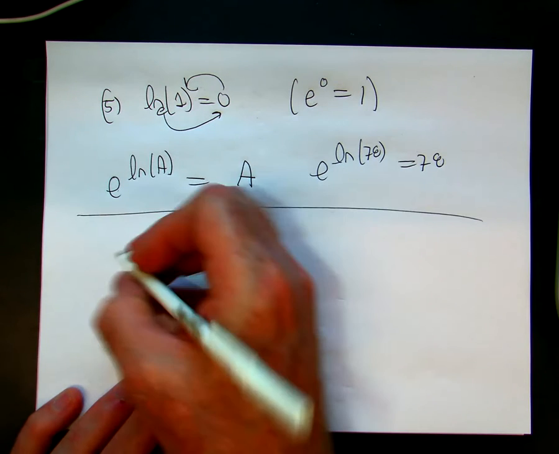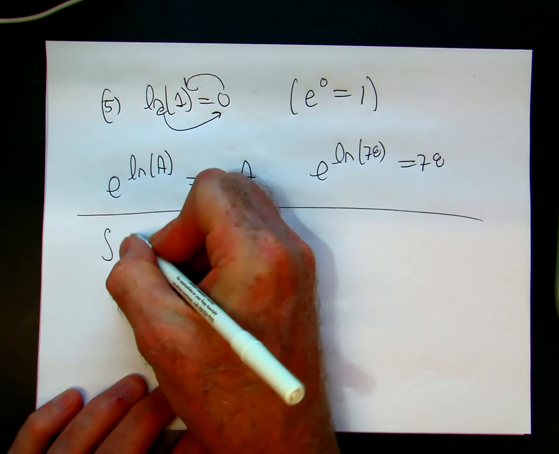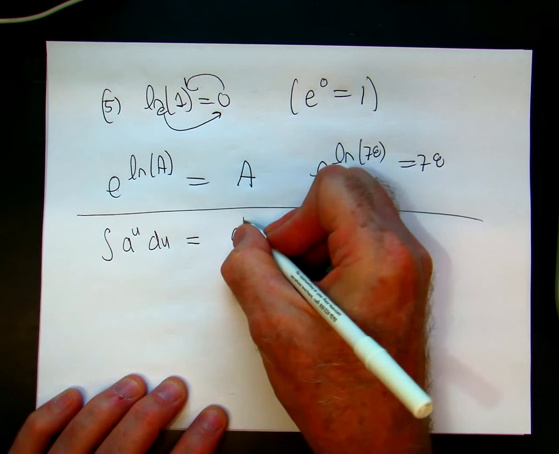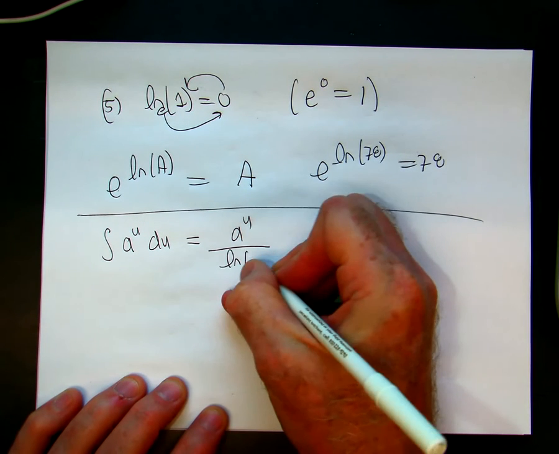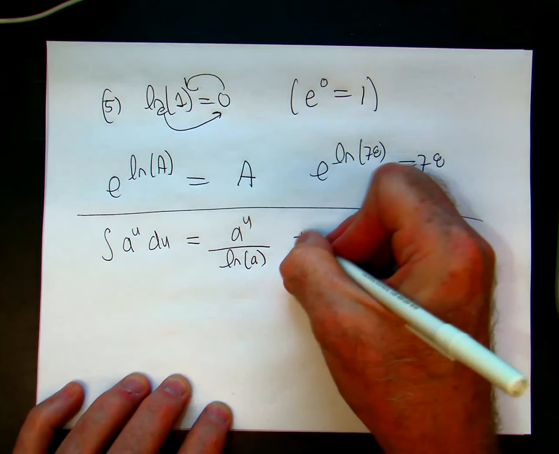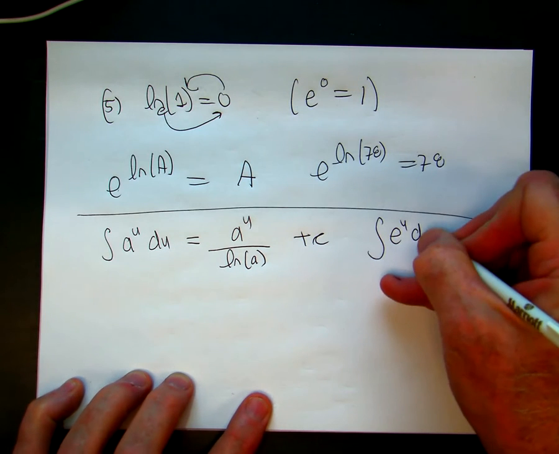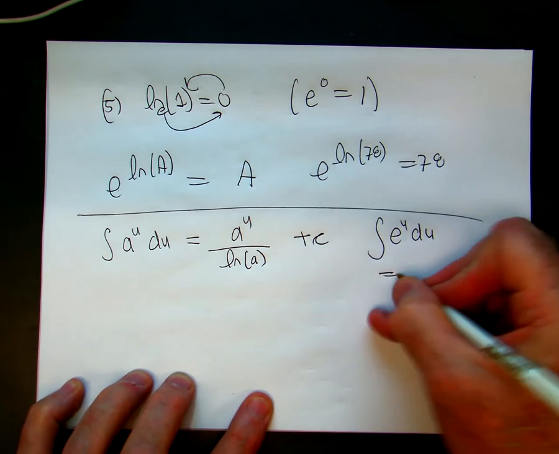So this is important, and the reason it's important is because that's where we get this log formula from. And I'll go through where this comes from. So basically, this is a lot like, in fact, it's the same rule. If you look at the integral of e to the u du, that's exactly what we get.